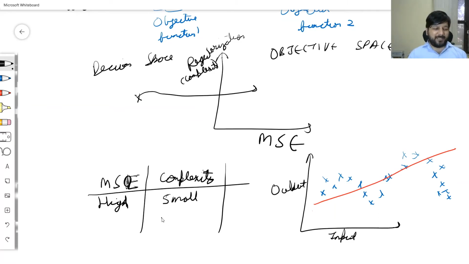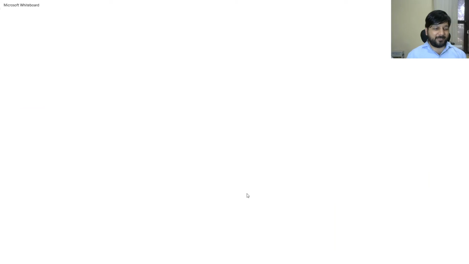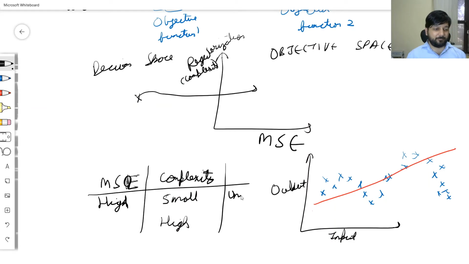This is what is called underfit. When the complexity is high, I'll get a network which regresses like this.